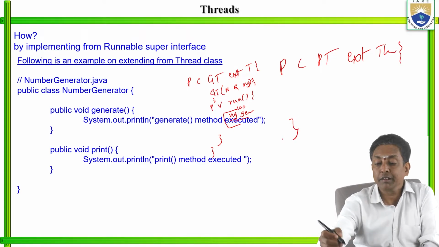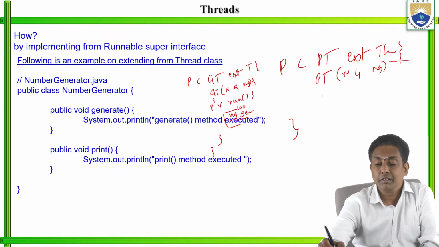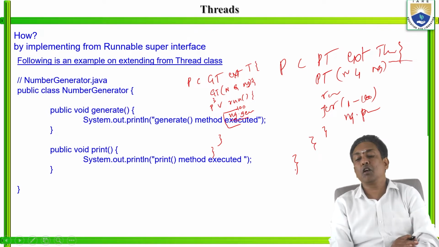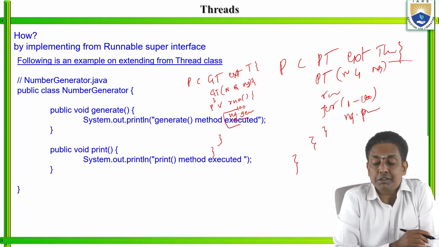Same way we implemented. The print thread class constructor received the number generator class object reference. From the run method, a for loop runs 1 to 100 times. We called number generator. So my point is, not to change anything in the implementation.